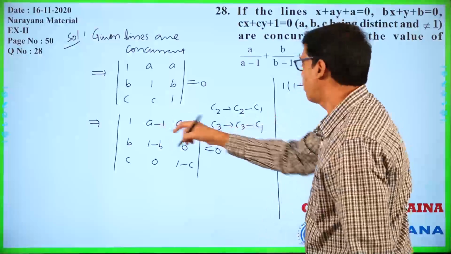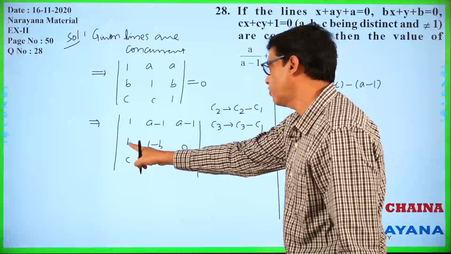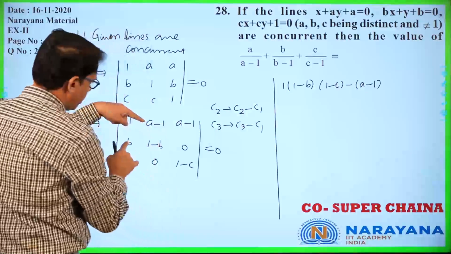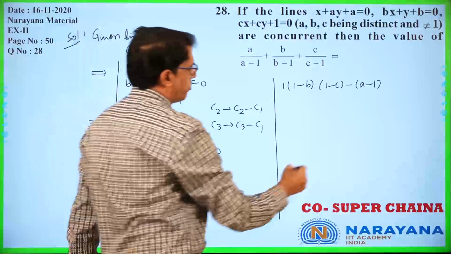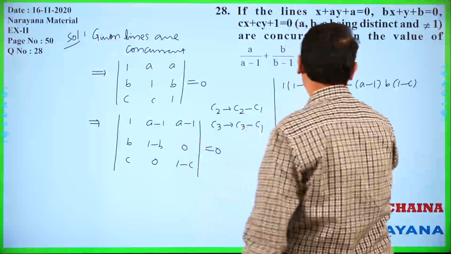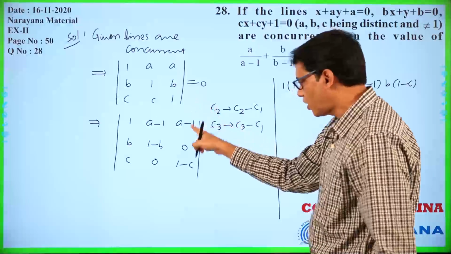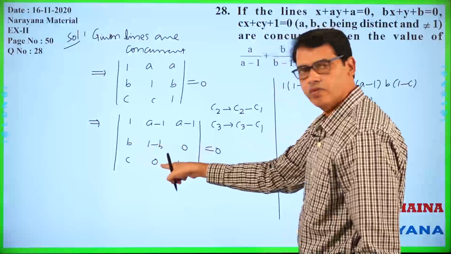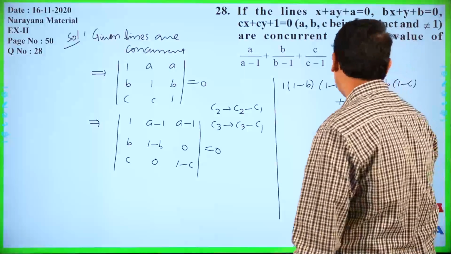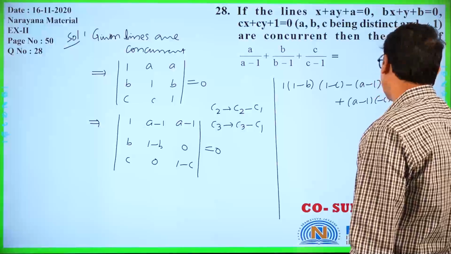Then second one, minus of (a minus 1) into b into (1 minus c), then plus (a minus 1), leave the first row and third column, this will be 0, minus c into minus, here plus into minus, so minus c into (1 minus b) equals to 0.